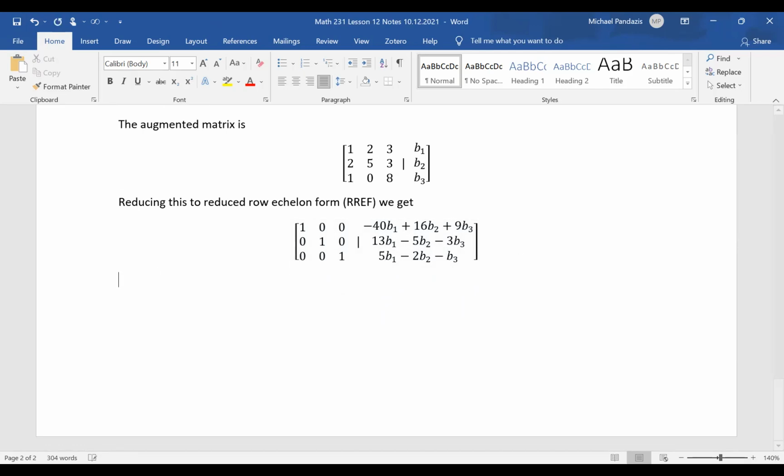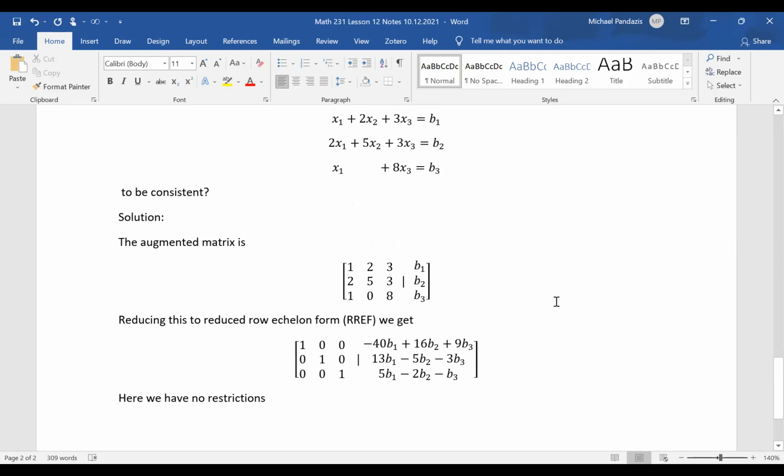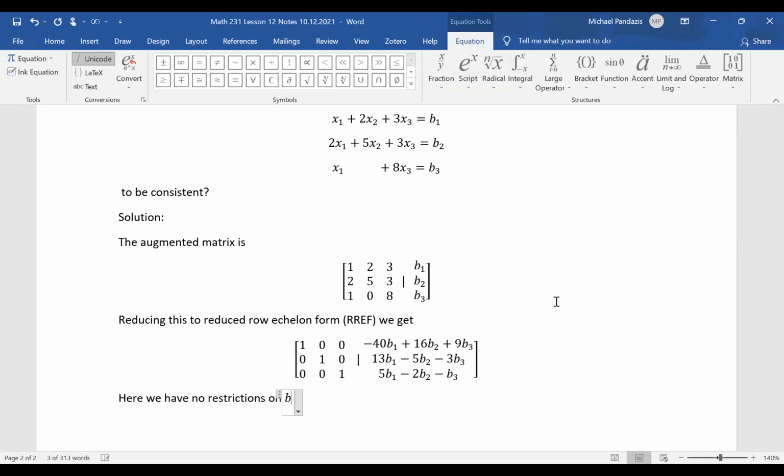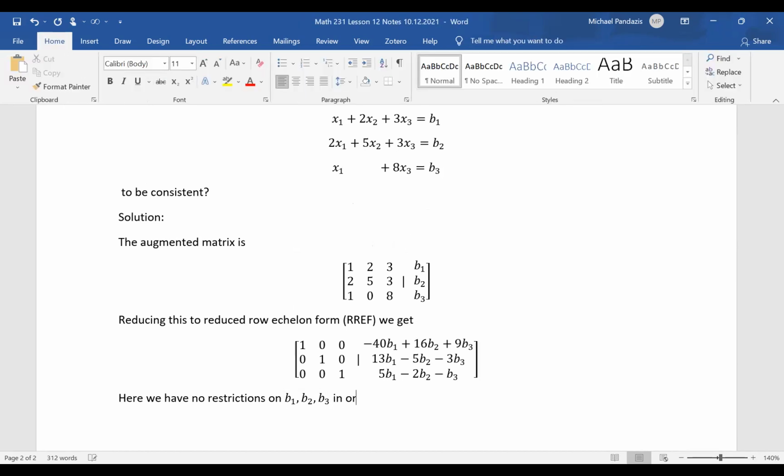So here we have no restrictions on b1, b2, b3 in order for the linear system to be consistent.